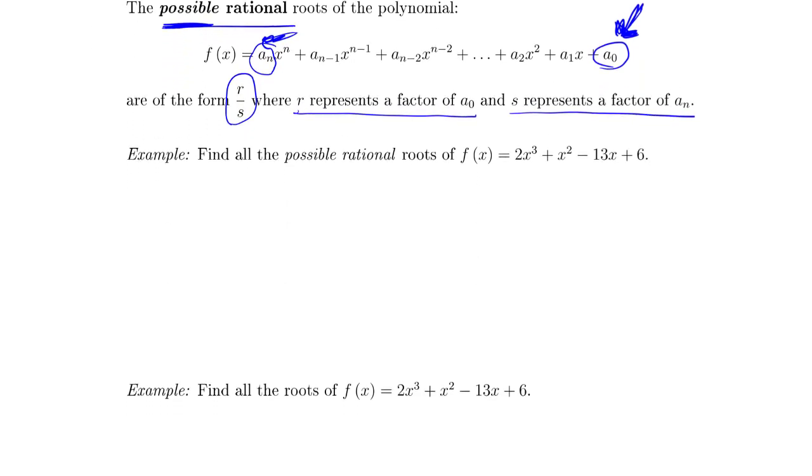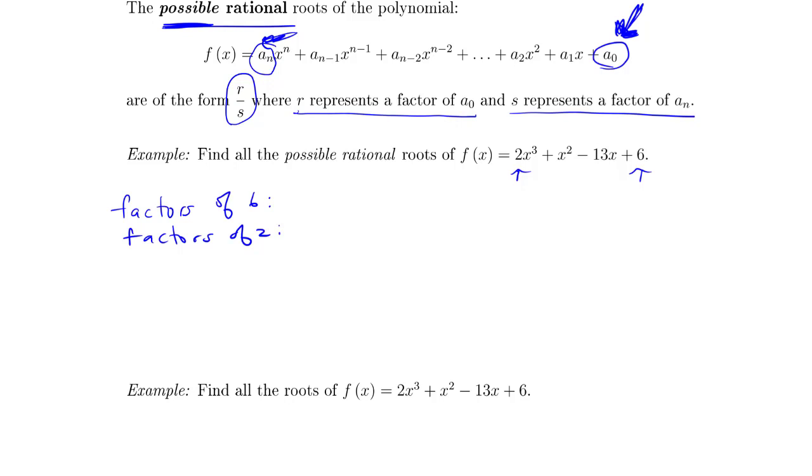Let's see this. Okay, so here we have 2x cubed plus x squared minus 13x plus 6. So we're going to identify the 2 and the 6 here. What we need are the factors of 6 and the factors of 2. So the integer factors of 6, well, how do you get 6? Well, 1 times 6 and 2 times 3, but we could also have -1 and -6 and -2 and -3.